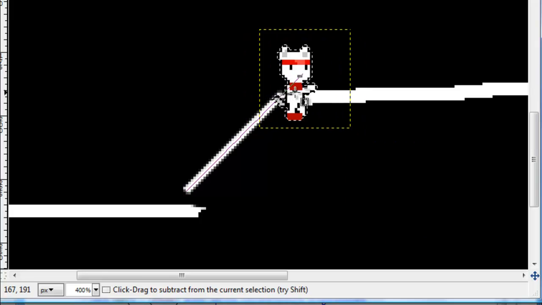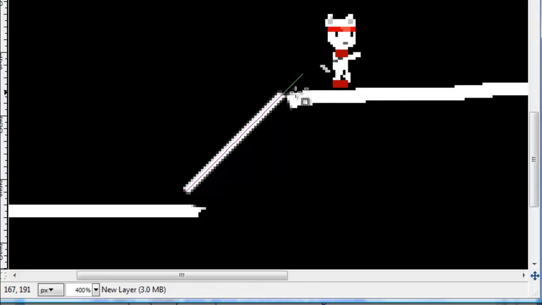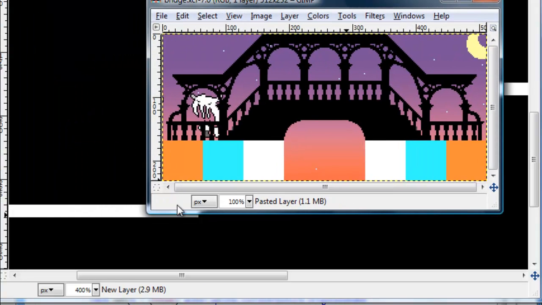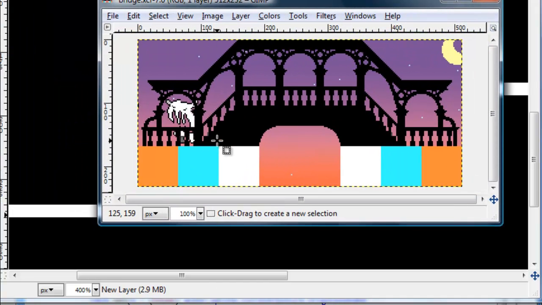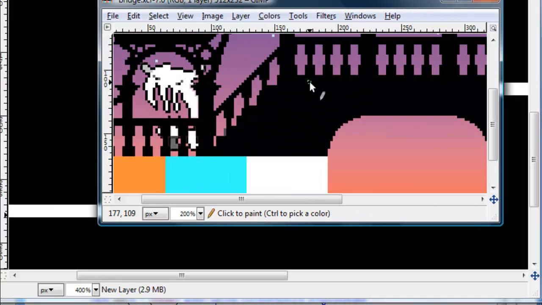So that's why we need that extra boost up there. Now you might be thinking that, well, this is not going to look right. But remember, this line over here is going to be invisible. If we open up our bridge, when I was plotting in the points for the slope for the bridge, the points that I saved were not these points over here.